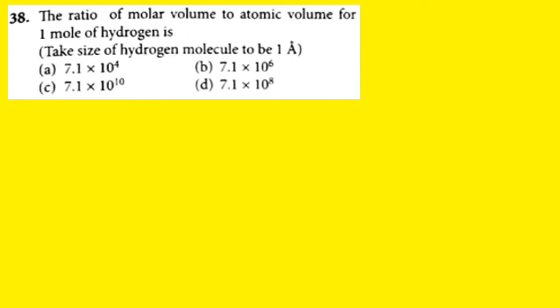Now the next one, the ratio of molar volume to atomic volume for 1 mole of hydrogen is. So they are asking what is the molar volume and what is the atomic volume.